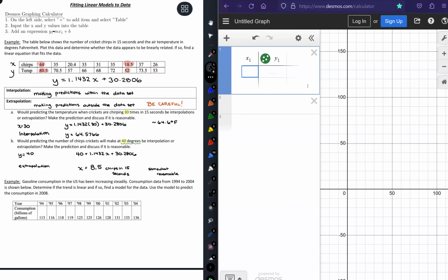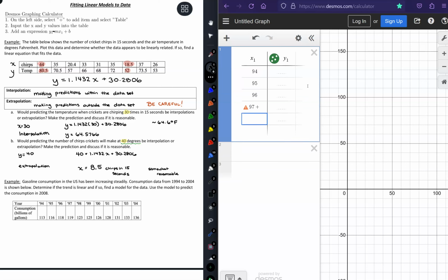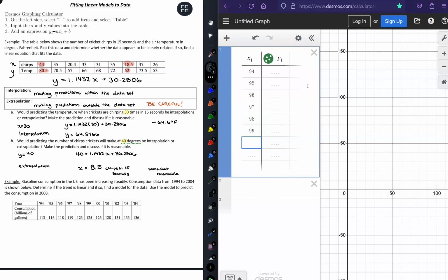Okay, so I'm going to add a table, and we're going to use the years 94, 95, 96, 97, 98, 99, and that's not going to work. How about I'm going to change this to years after 1990. So I'm going to go 4, 5, 6, 7, 8, 9, 10, 11, 12, 13, 14.